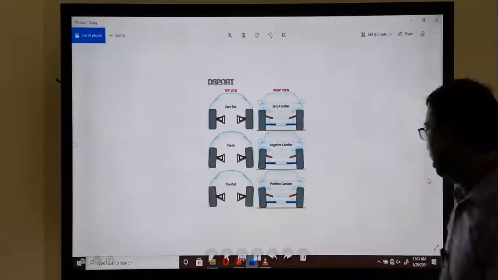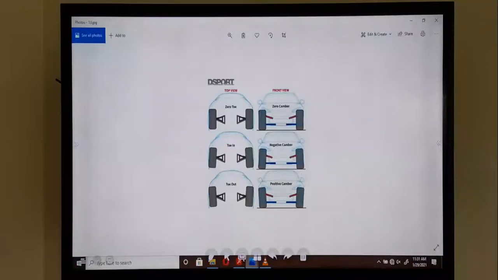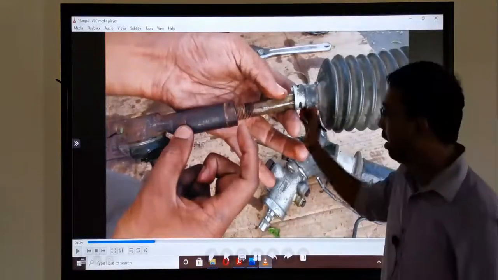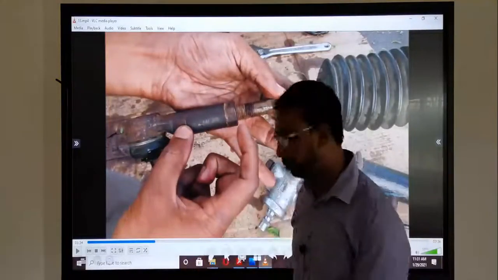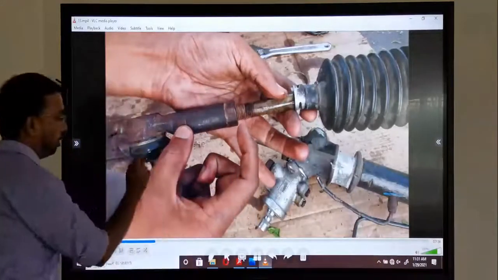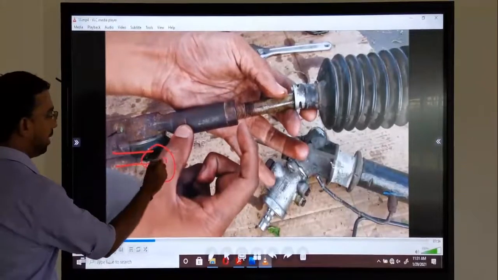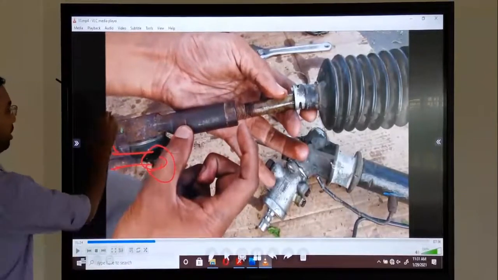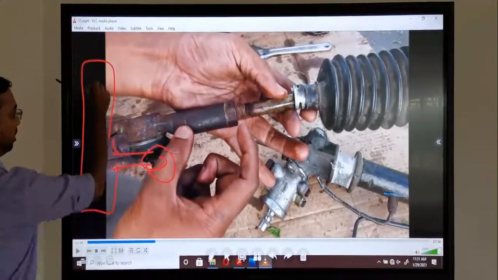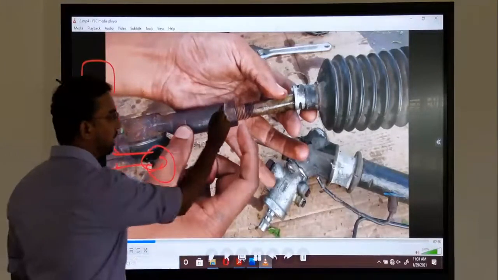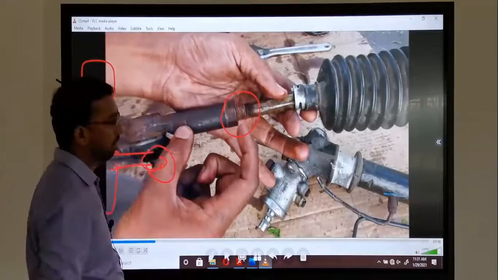We have to adjust that, as shown in the video, at the tie rod. Here is the ball joint, and the steering arm connects with the ball joint, and here is the wheel. We have to adjust here, where there's a thread.